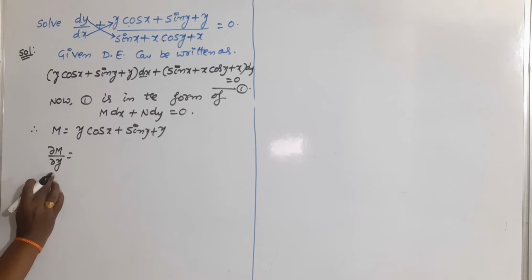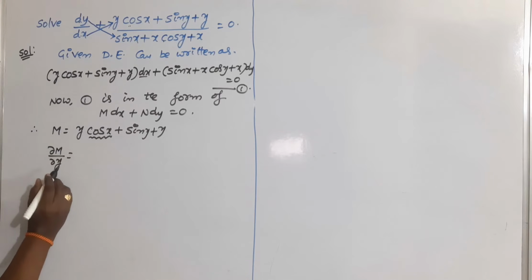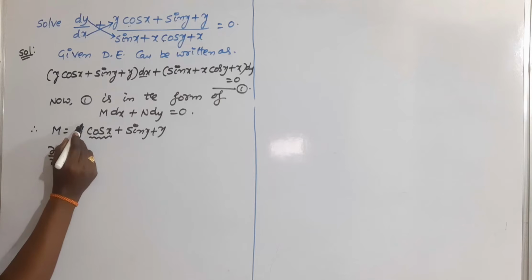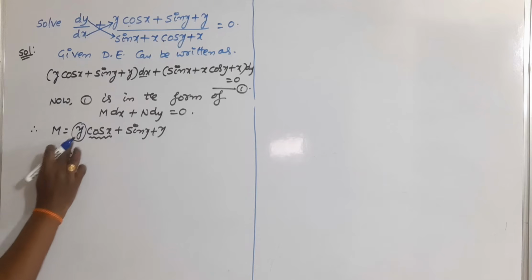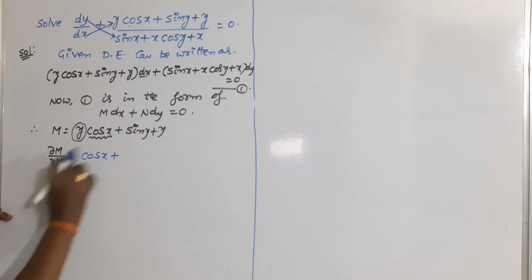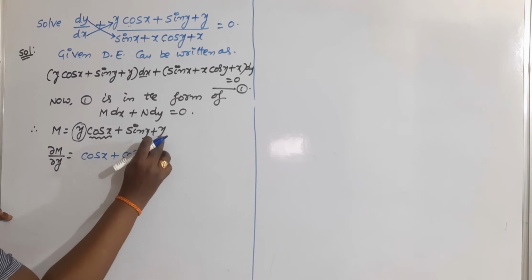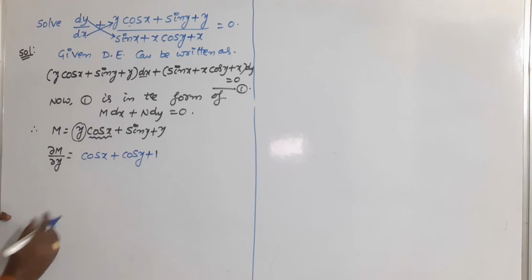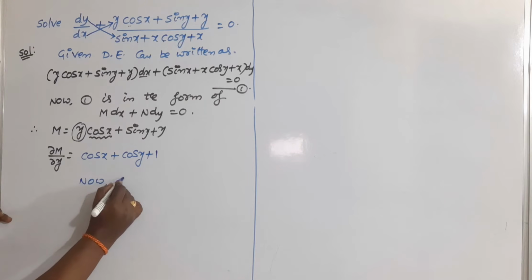In this case except y, the remaining are all constants, particularly x terms are constants. So you should write the partial derivative for y only: cos x in product, which is 1 into cos x, plus the derivative of sin y with respect to y is cos y, and the derivative of y with respect to y is 1.